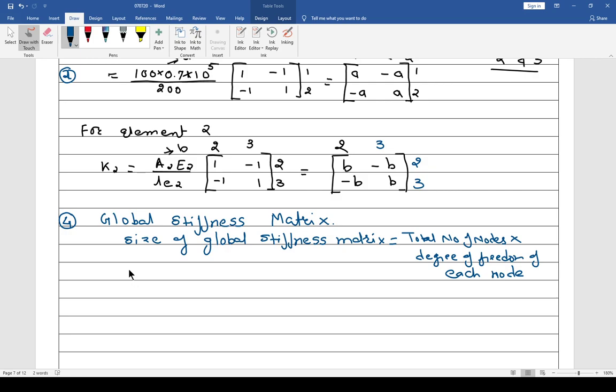So this will give me the total number of nodes.